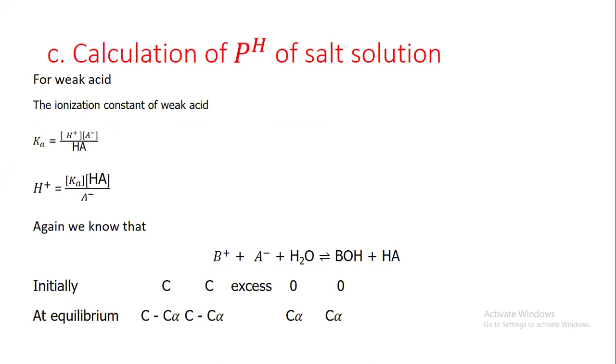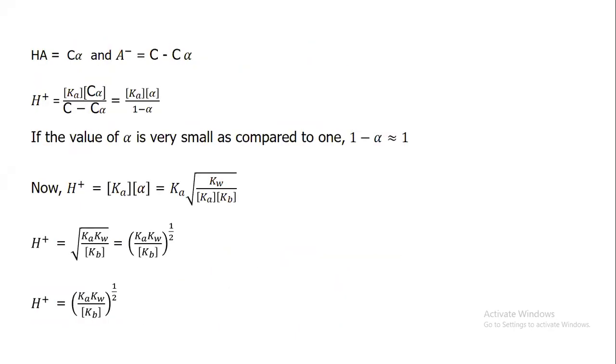Calculation of pH of salt solution of weak acid and weak base. The ionization constant of weak acid Ka equal to [H+][A-] over [HA]. So [H+] equal to Ka [HA] over [A-]. Again, we know that [BOH] is equal to [HA]. So [HA] equal to Ch, and [A-] equal to C minus Ch.